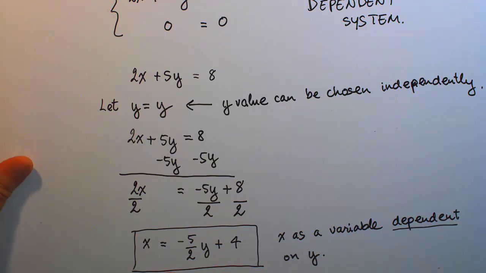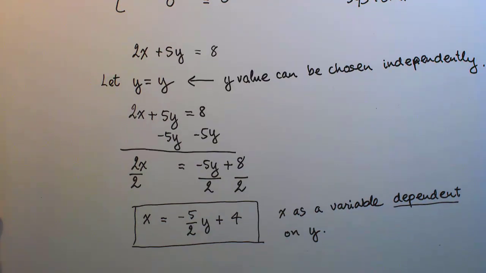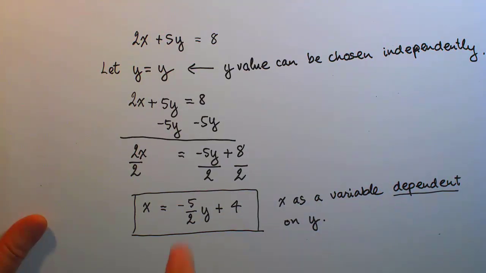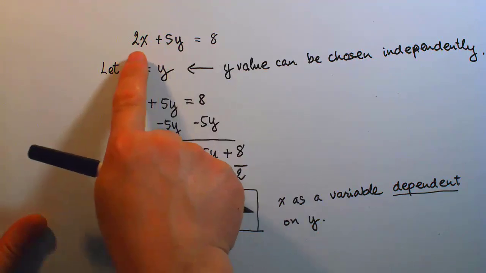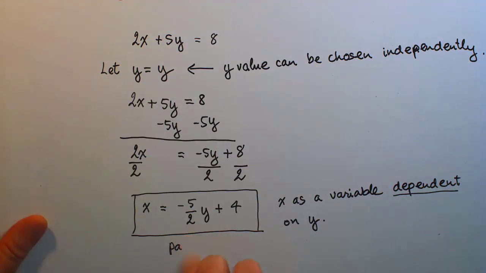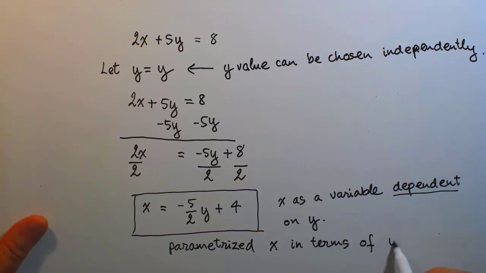To calculate the value for x, we go with negative 5 halves times the value we chose for y, plus 4. This is how I parameterized the solution of the general solution, 2x plus 5y equals 8, from a dependent system, x in terms of y.